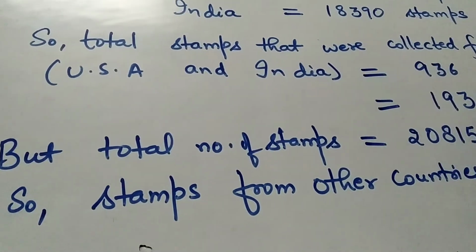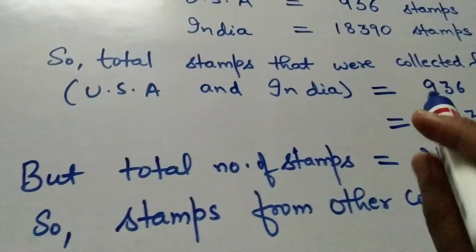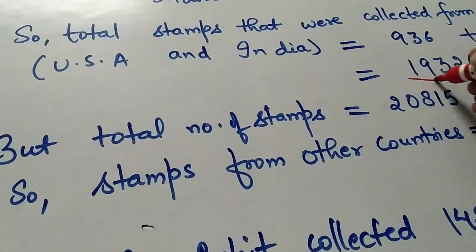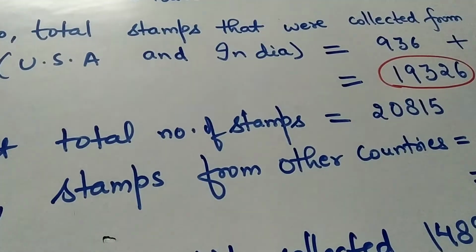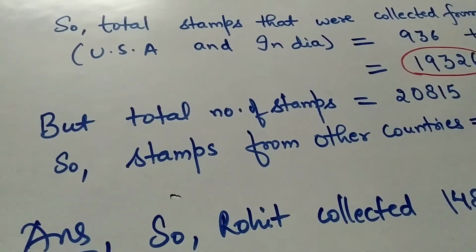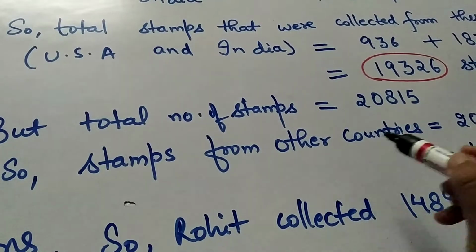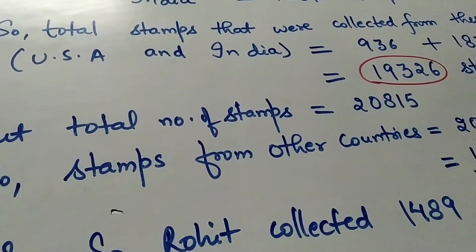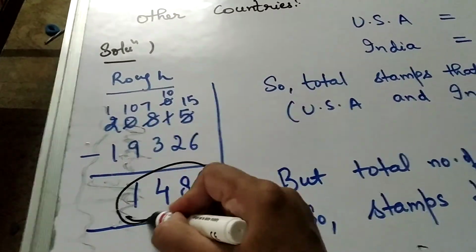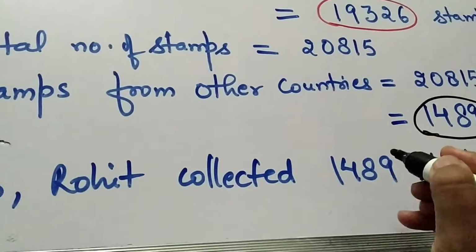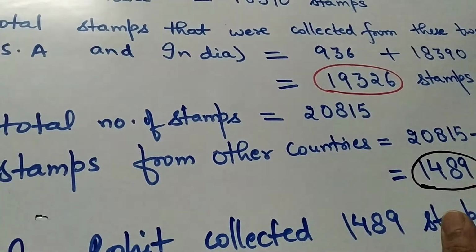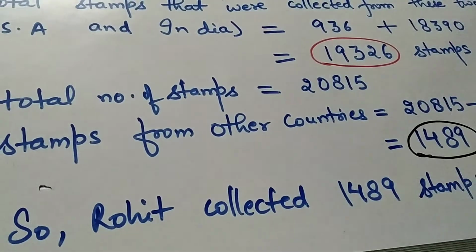Did you get it? And we have calculated both. From USA and India, two countries, he has collected these many stamps, 19,326. And from other countries, he has collected 1489, which we calculated here. In the question they are asking how many are there from other countries, so we will write only that answer.